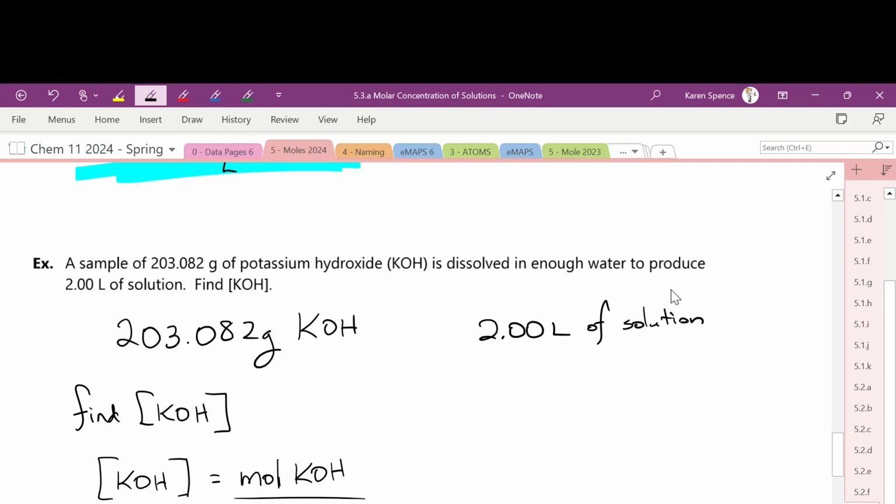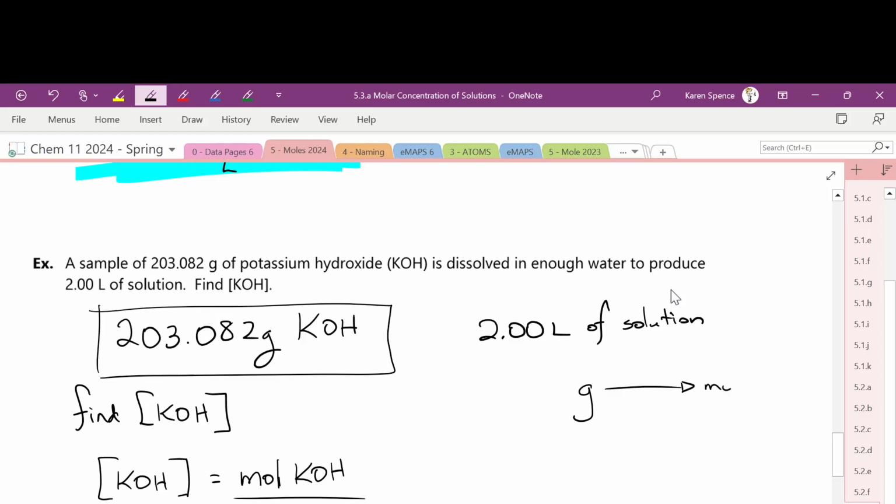Question, do I know the moles of KOH? Could you find the moles of KOH? You have grams of KOH. How do you go from grams to moles? What conversion factor do you use?